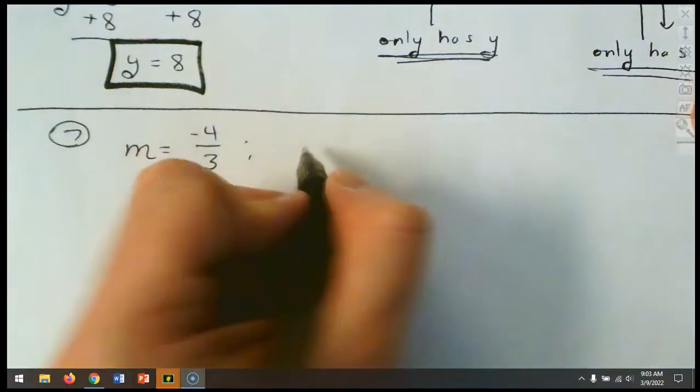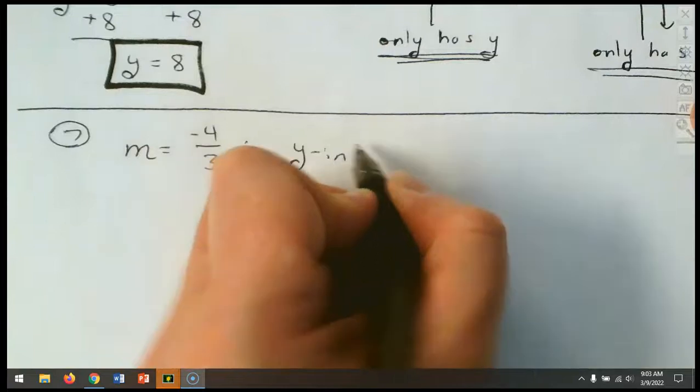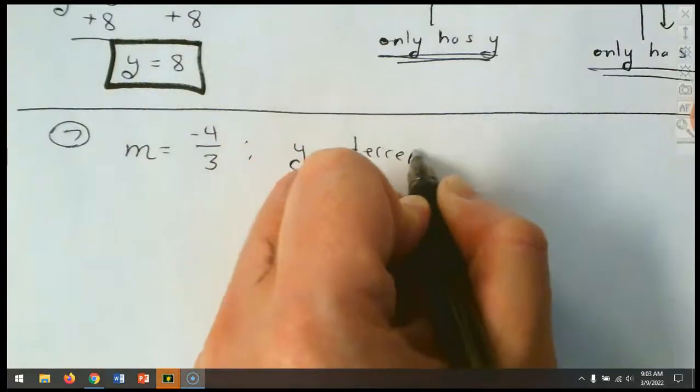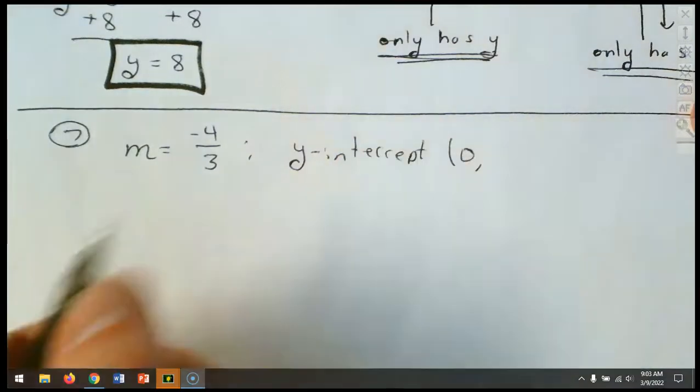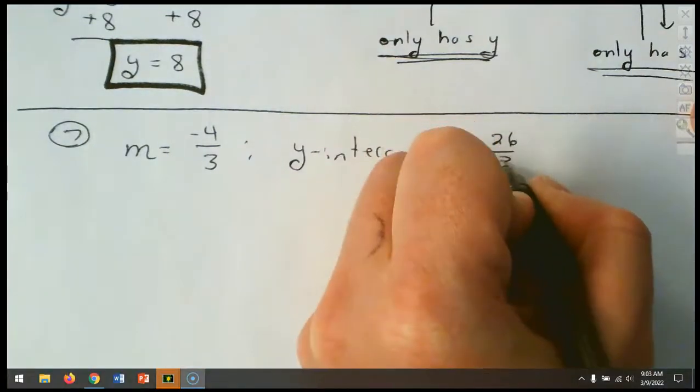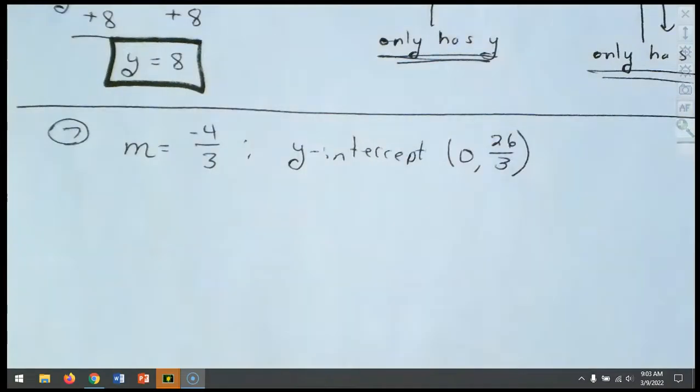And then we have a y-intercept of 0, 26 over 3. And we want this one in slope-intercept form.